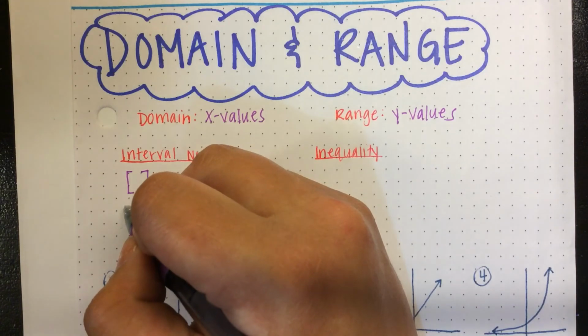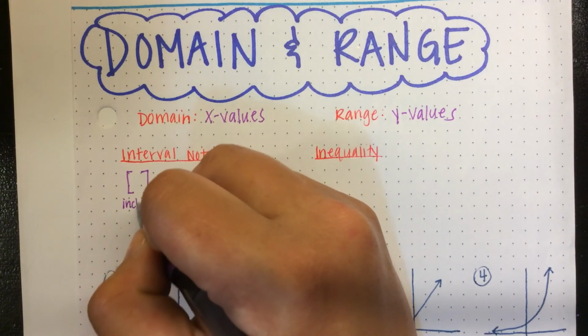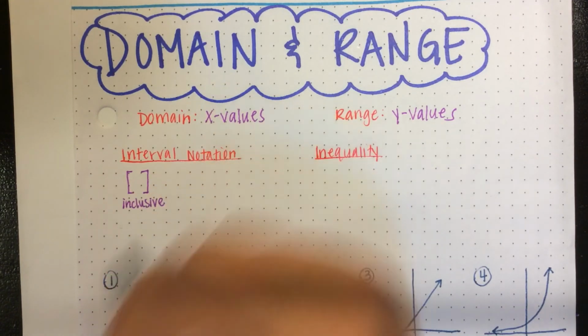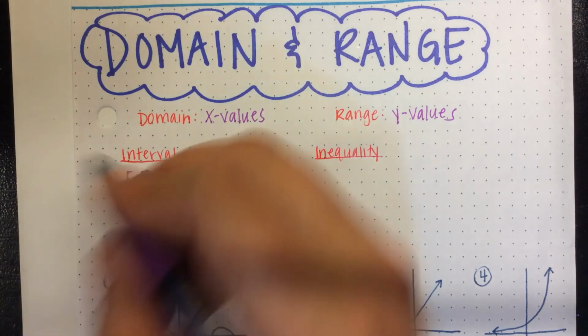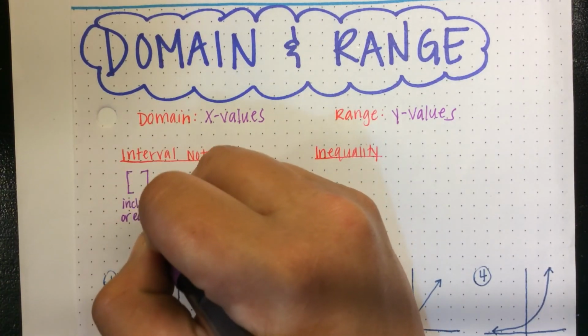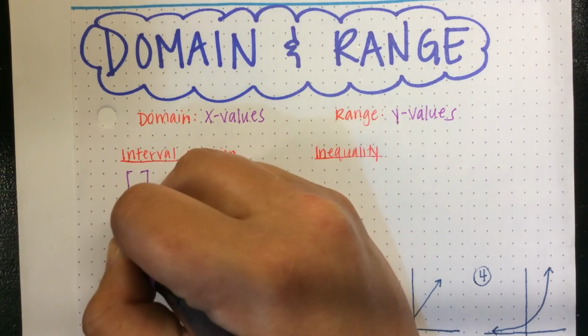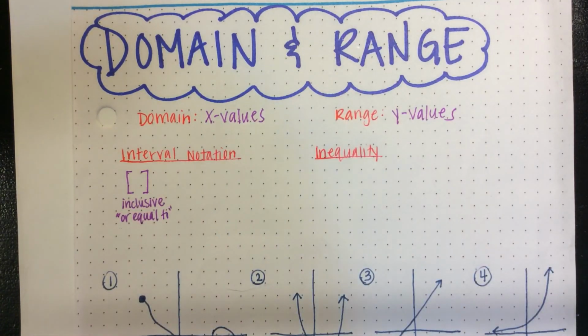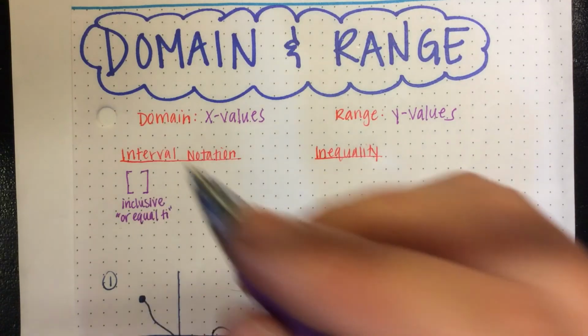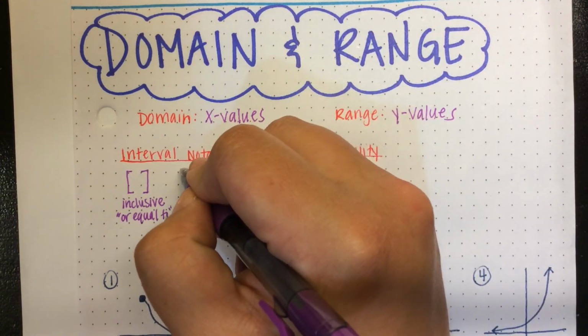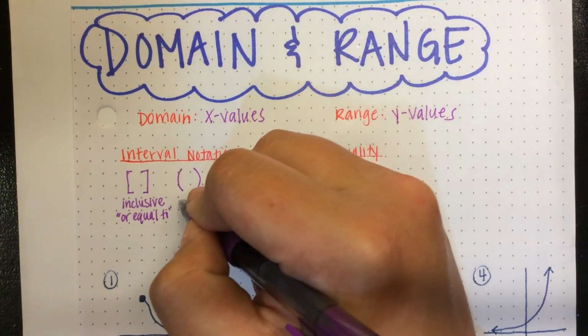This is what we call inclusive. It's including those points. It's or equal to. If it's not inclusive, that means it's exclusive, so we're excluding it, then that's going to be parentheses.